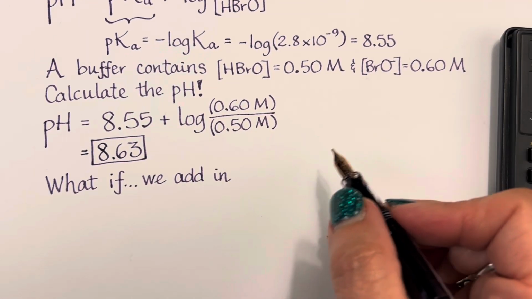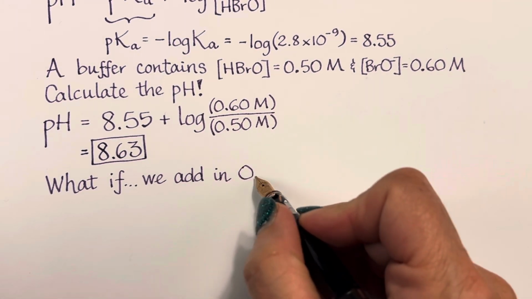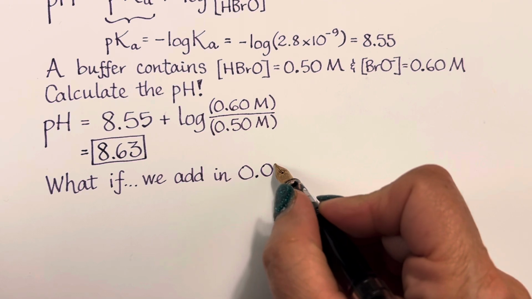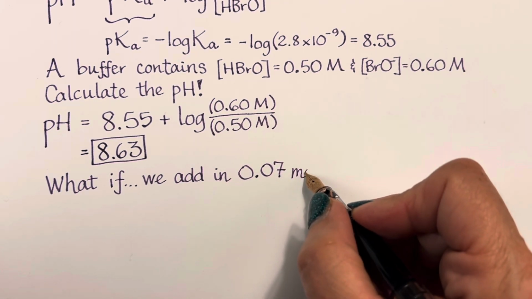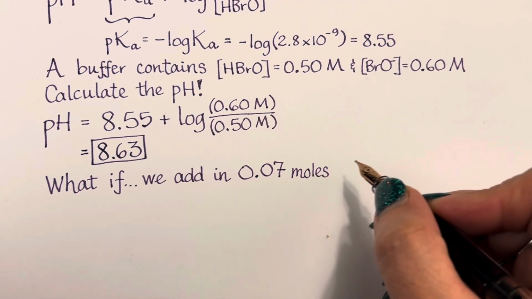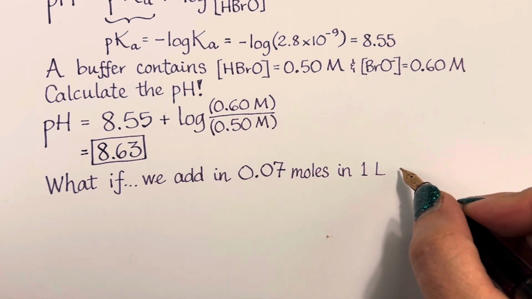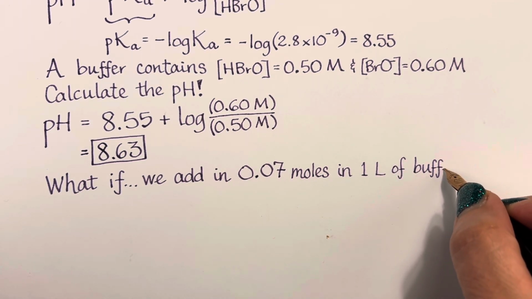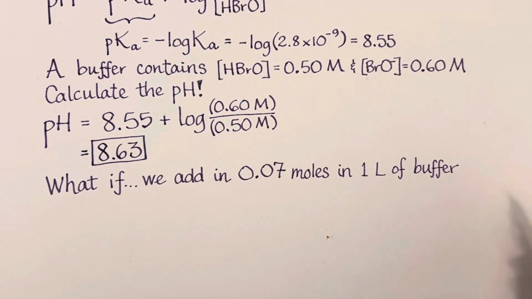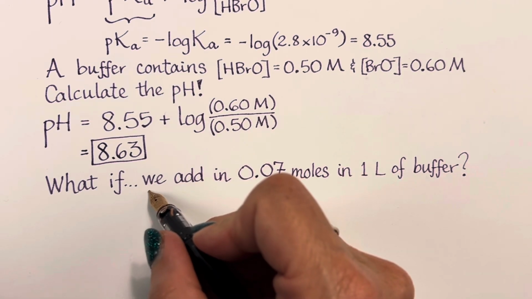And I'm going to choose a value of 0.07 moles, in 1 liter of buffer. So what if we do this? What is the new pH?